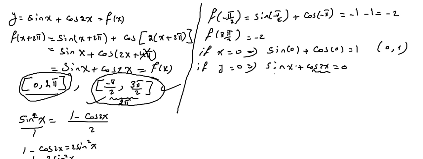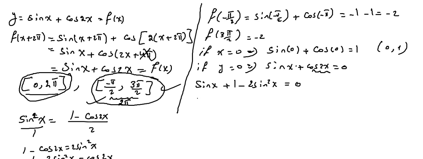Instead of cosine 2x, I can substitute: cosine 2x is equal to 1 minus 2 sine square x. So sine x, leave it, plus 1 minus 2 sine square x equal to 0.